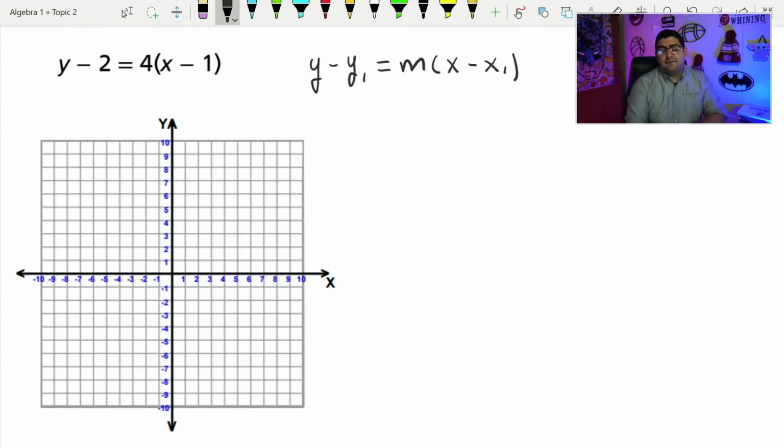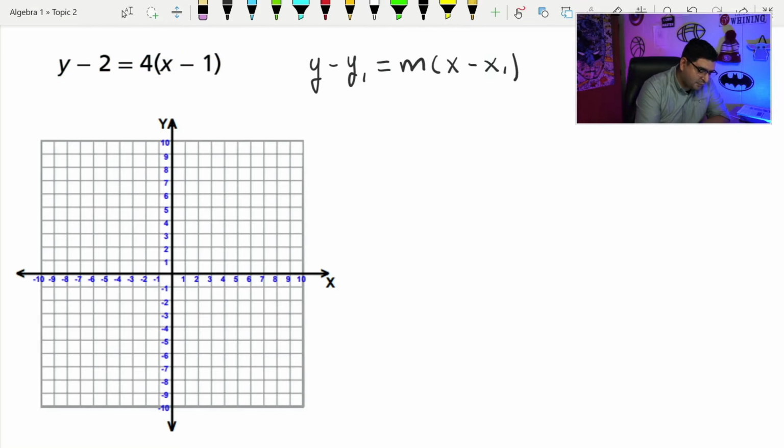In order to graph a line, we need at least one point and we need to know the slope. So when they give us an equation like this, y minus 2 equals 4 times x minus 1, we need to know how to take a point and a slope from that. So let's start off with the easy one.